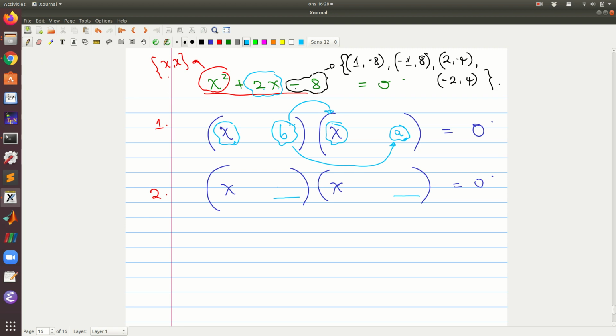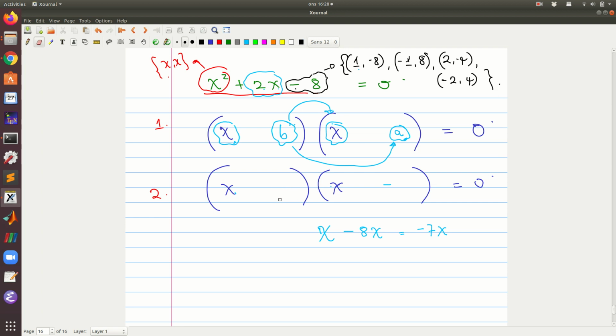So let us see. If we put a positive 1 here, the first pair, and a negative 8 here, let's see what this gives. It will give 1 times x, that is x, and then this and that will give us minus 8x, which is negative 7x. Clearly that is not going to give us the middle term.